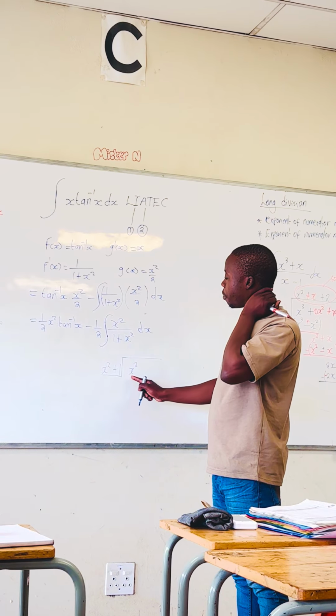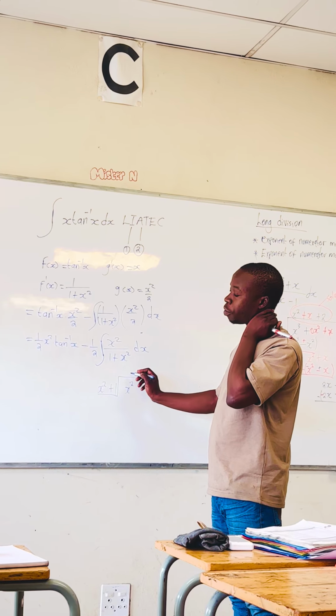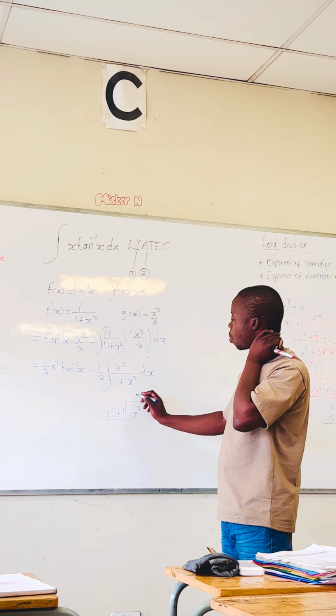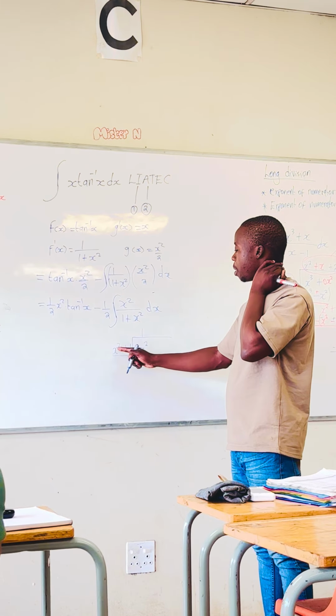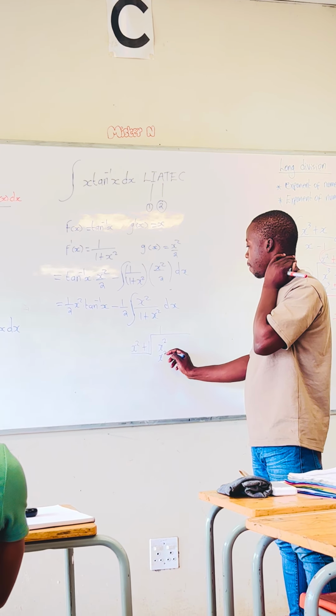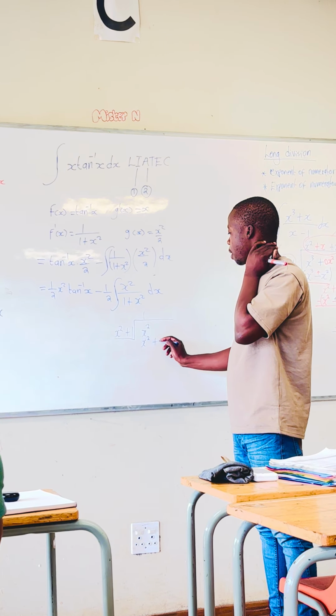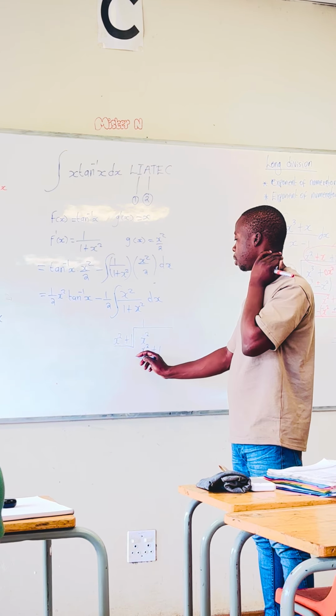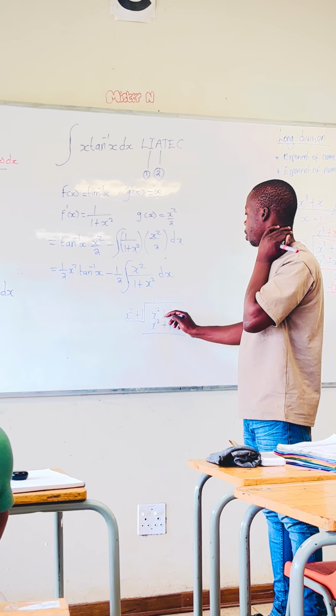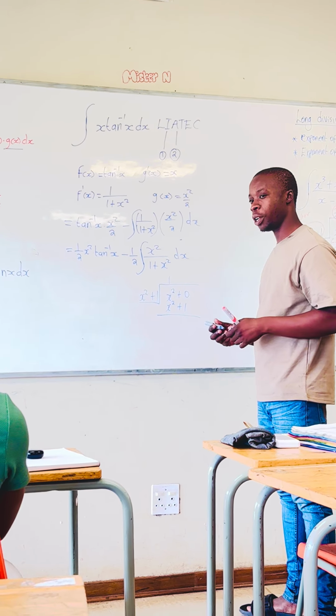So when you divide the first term, what are we going to have? 1, this times this is x squared, this times this is plus 1. So it means we can just go straight to 0, so that they will match.